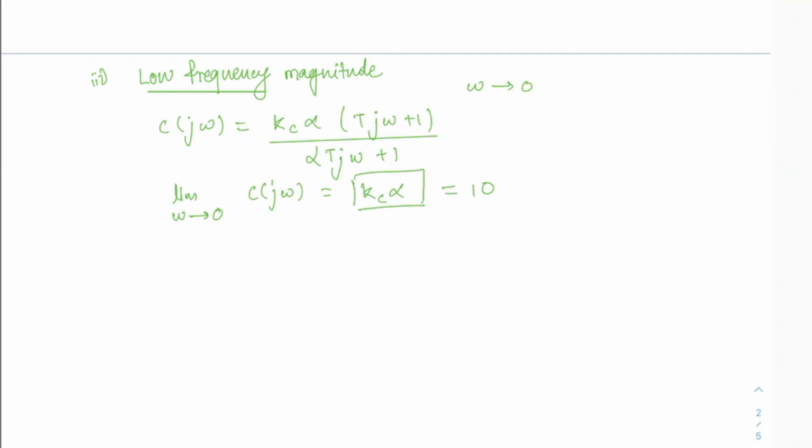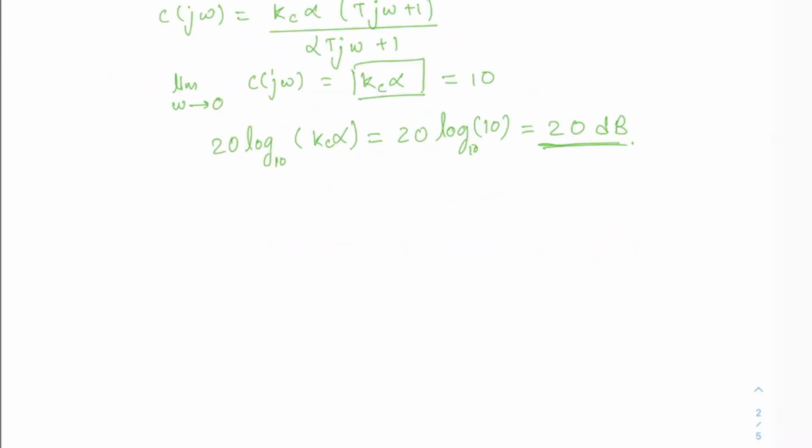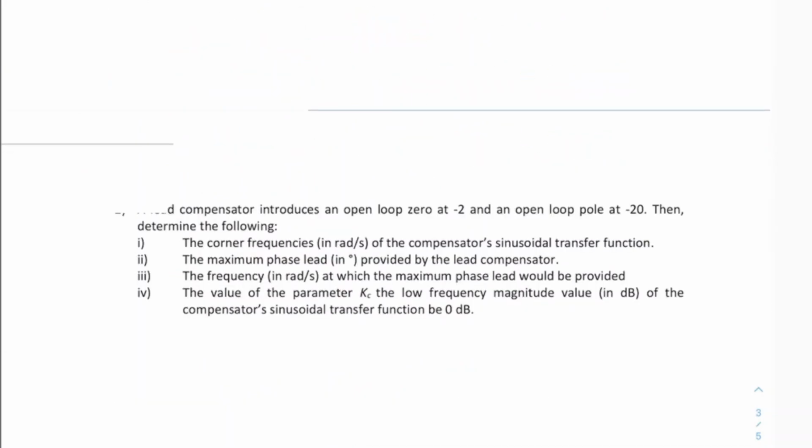So if we take it into decibels, log 10 base 10 is 1, so 20. So we have found the low frequency magnitude. So that ends the first question.